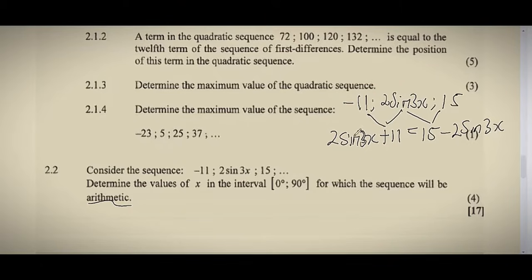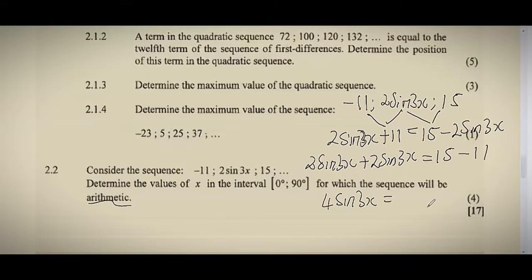If we transpose this, this would be 2 sine 3x plus 2 sine 3x. Let's take the 11 over to that side. That's 15 minus 11. All these are like terms, so it will be 4 sine 3x. Then 15 minus 11, that's 4. Divide both sides by 4, that's sine 3x.